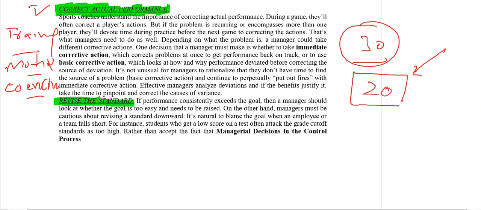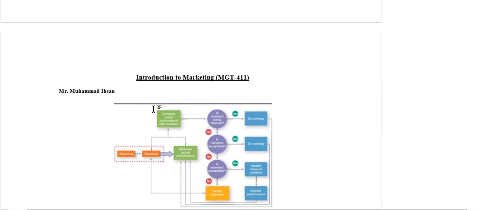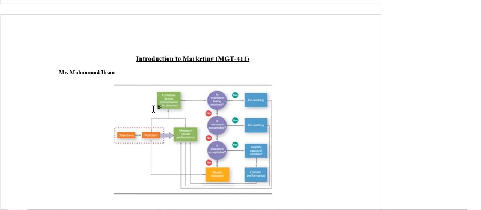So these are the measures we can take to improve the performance. But sometimes we do not need to improve the performance, we have to look at our standards or our rules and regulations. Sometimes we need to improve our rules, or revise our standards, so the performance can be improved.